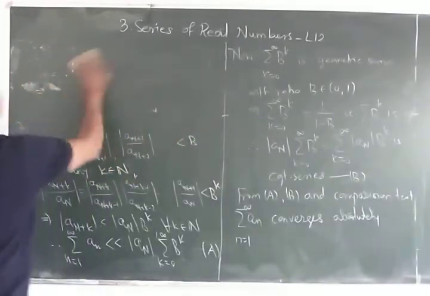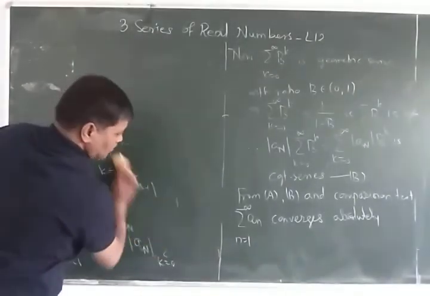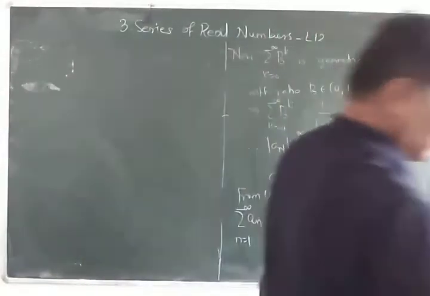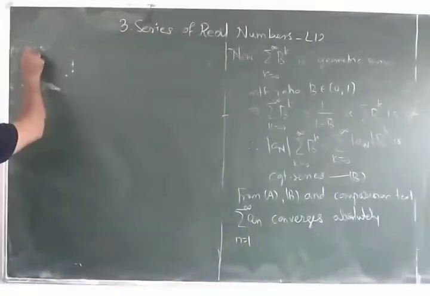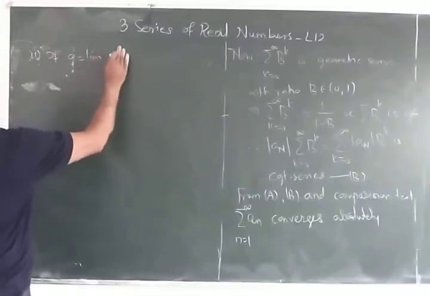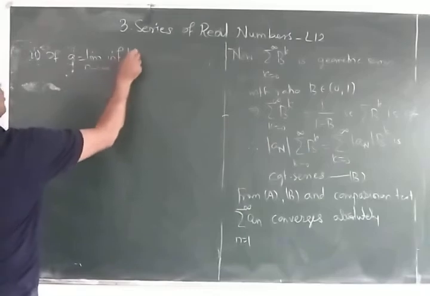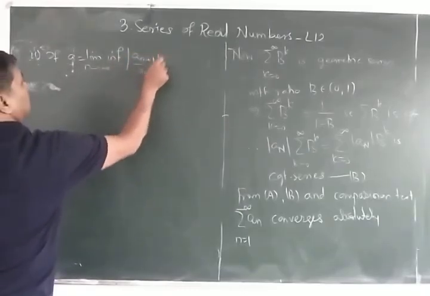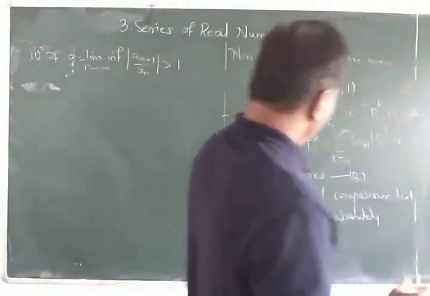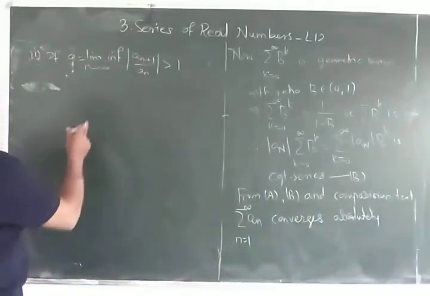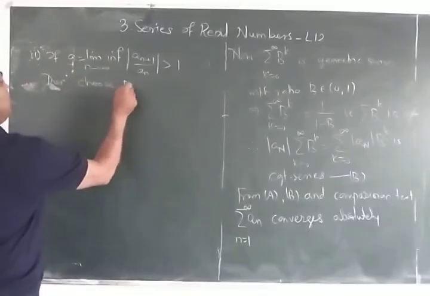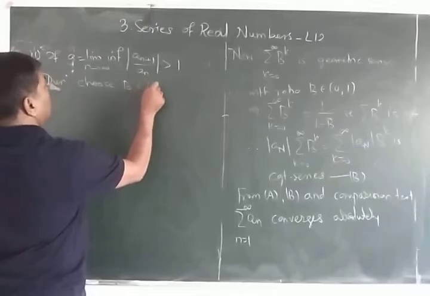Now second, if small a, which is the lim inf of mod of a_(n+1) upon a_n, is greater than 1, then choose B belonging to (1, a).